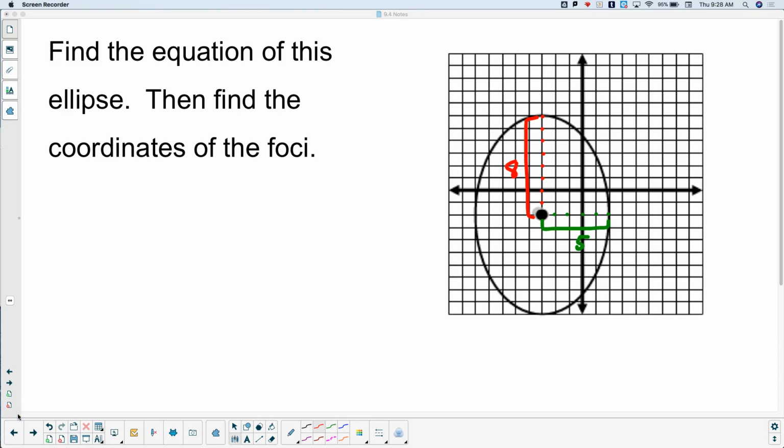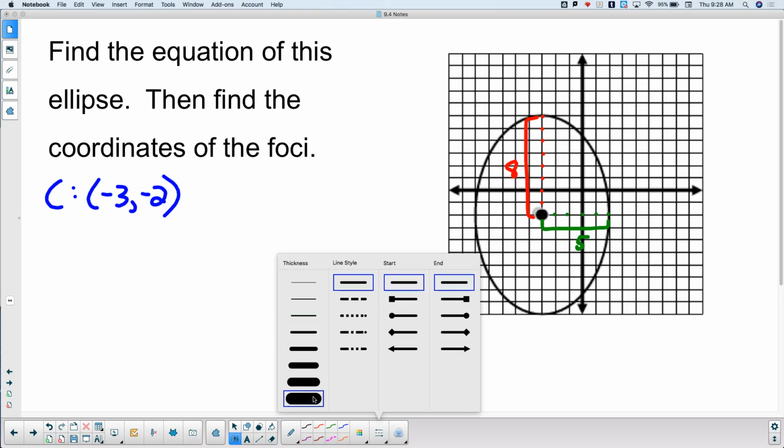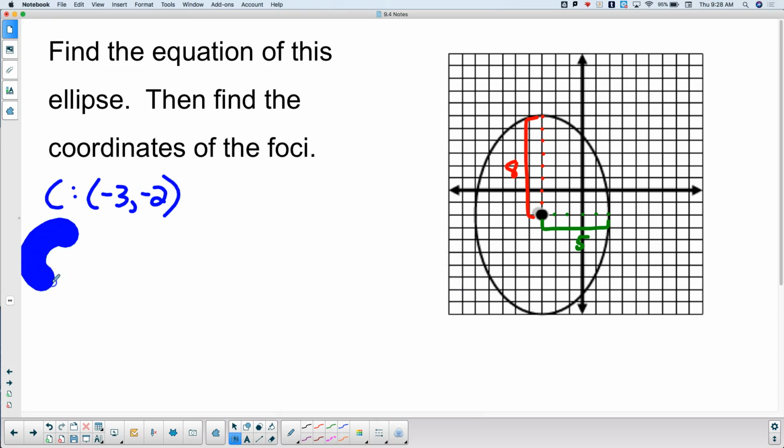Well, the center is at negative 3, comma negative 2. It's a really ugly one. Is that a better one? Loving it.